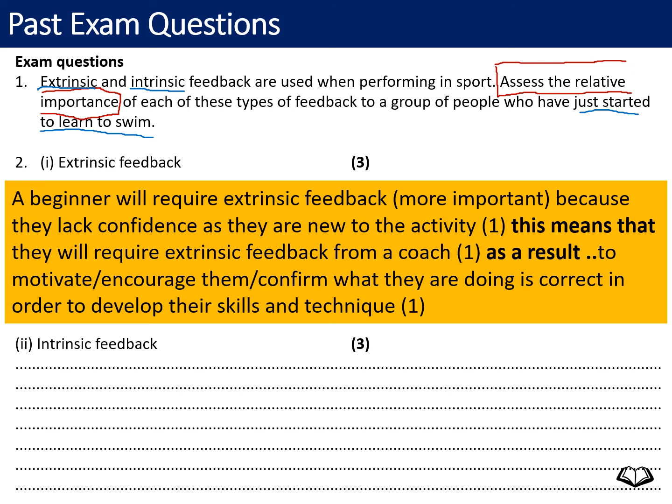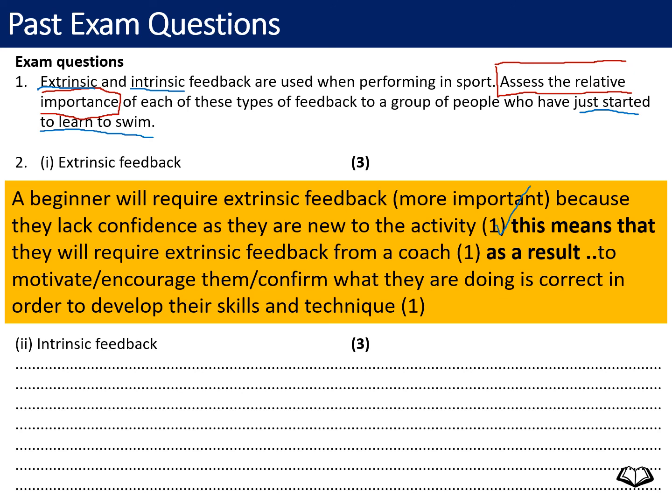Because they lack confidence. So you're explaining why now. These people that are learning to swim, they lack confidence in their performance, in those skills, not just in being in the water if you can't swim, as they are new to the activity. Okay, that's good. That will get you your first mark. So you definitely have that first mark in the bag there.